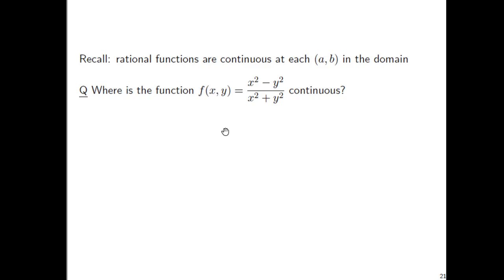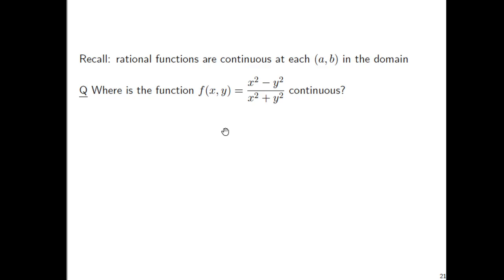Recall that rational functions are continuous at each a comma b that's in the domain. So where is this function we saw earlier continuous? Well, it's a question of what combination of x and y is in the domain and what combination is not in the domain. The only way you get no value, to do the algebra problem of f of 2, 3, is if the denominator is 0.